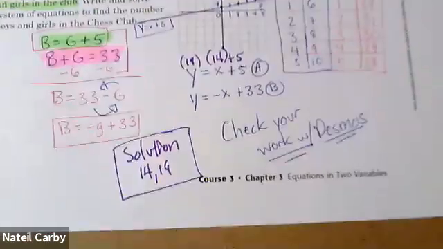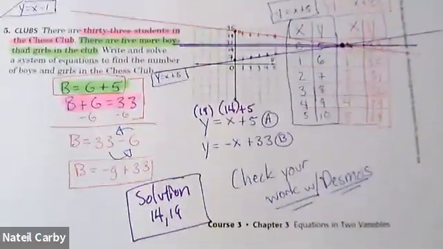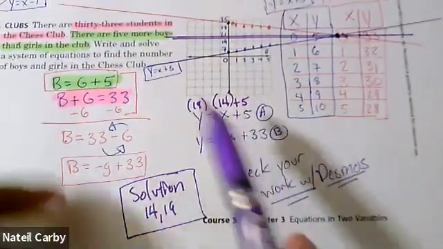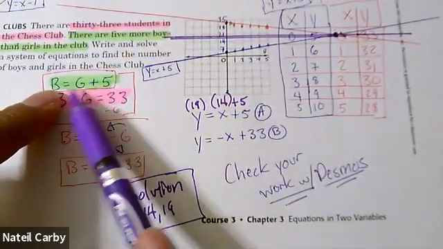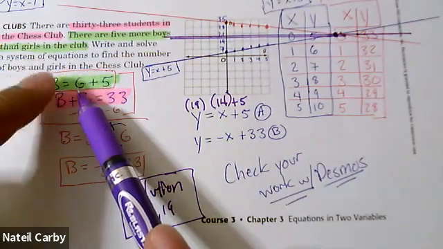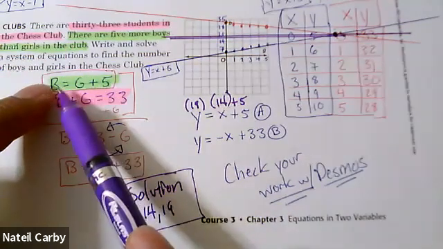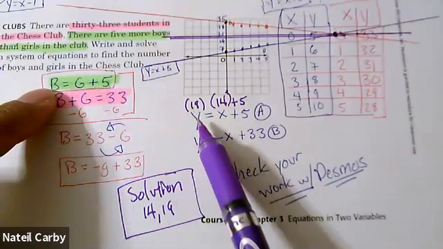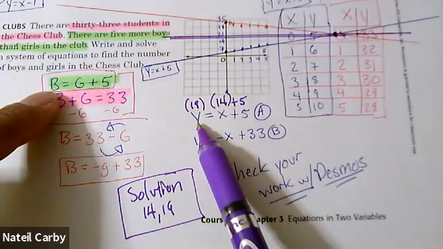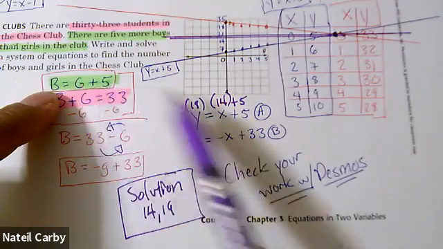Okay. Now the last part, what does the solution represent? That's why we had to define what our variables were. B is a boy and G a girl, right? And we said B is y and G is x.